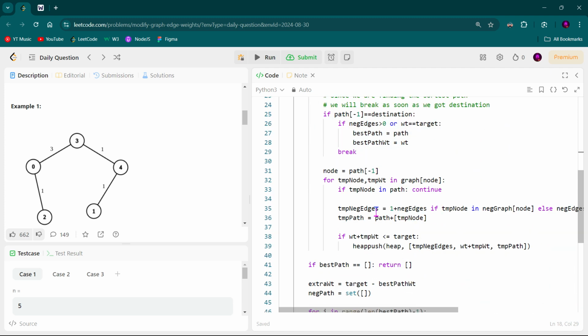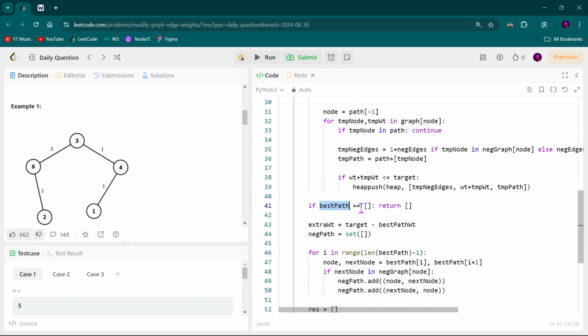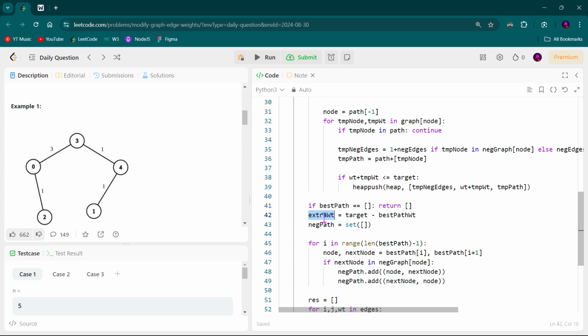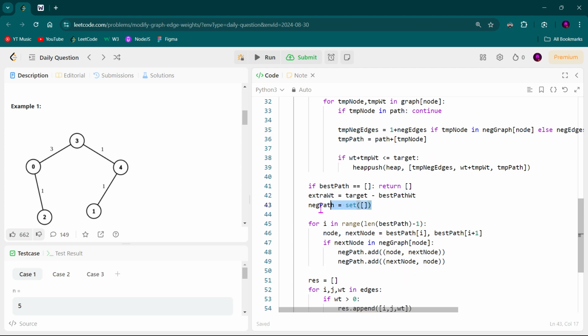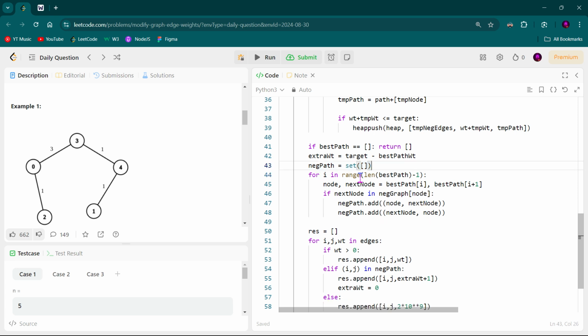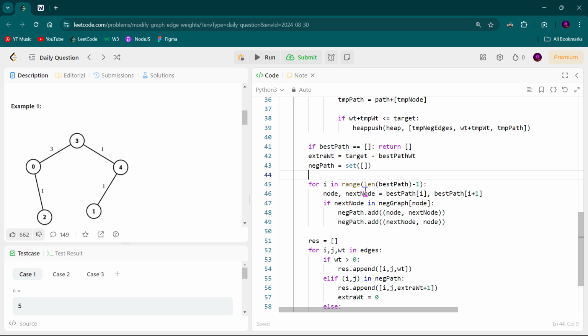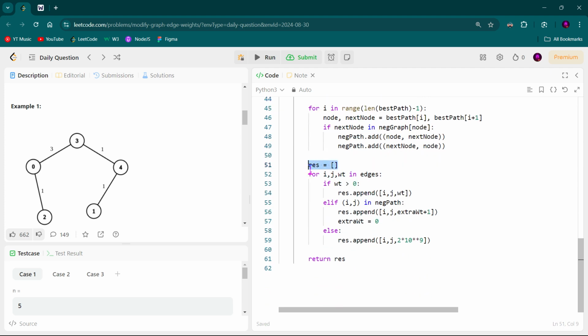Simple. Then if the best path I'm getting is 0, I'm going to return this. Else, my extra weight should be target weight minus the best path weight. I'm creating a negative path set which stores all the edges in the best path which are negative. Okay, so I have updated this.